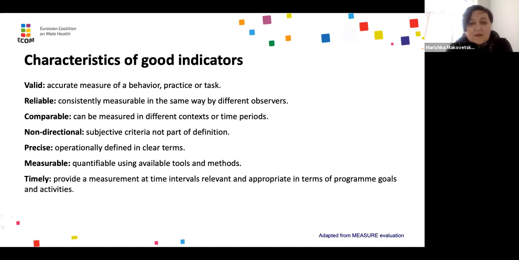Then timely. You should provide a measurement at time intervals relevant and appropriate in terms of program goals and activities. For example, if your high-level goal is focusing on decreasing the level of mortality or morbidity or infection rate in your country, then you should understand that these kinds of indicators are collected on an annual basis.